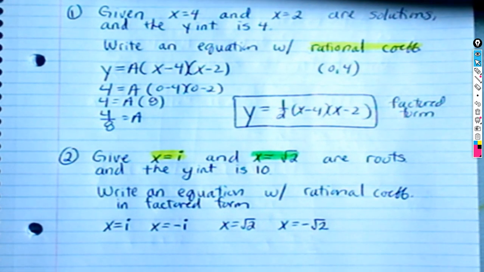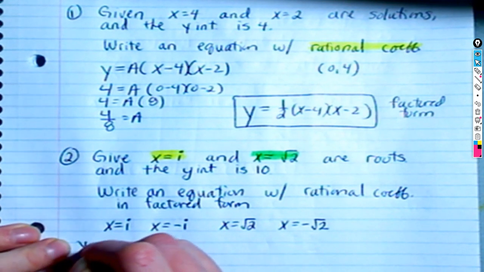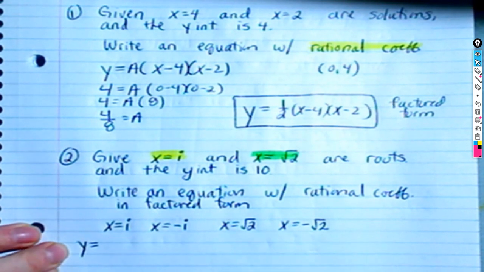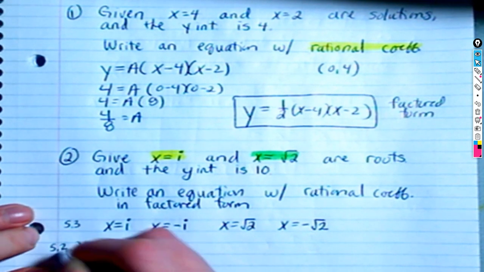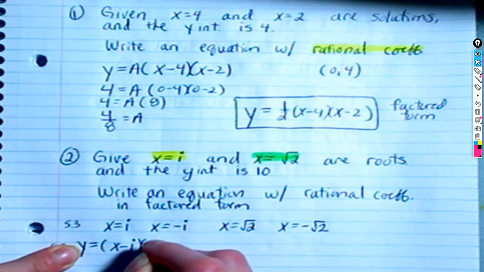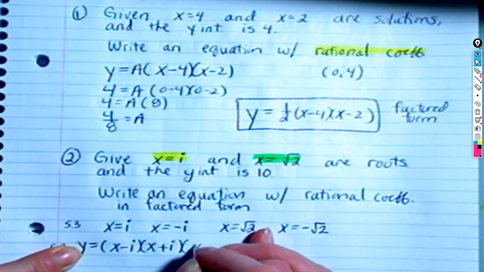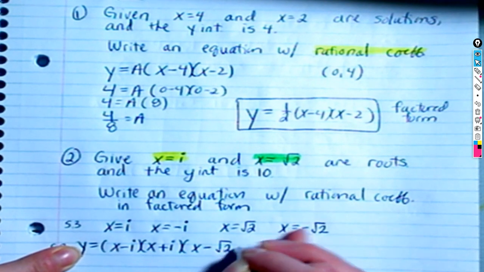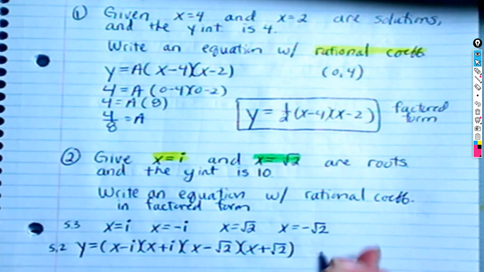Okay, now that I have all four, I'm going to go ahead and turn this into factors. Okay, this is the 5.3. I've got to turn them into factors. x minus i, x plus i, x minus root 2, x plus root 2.